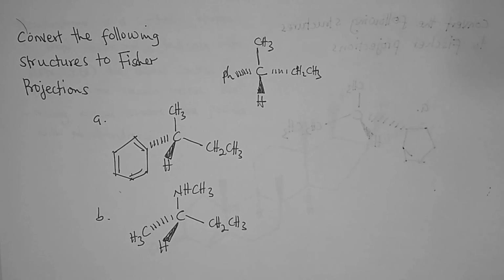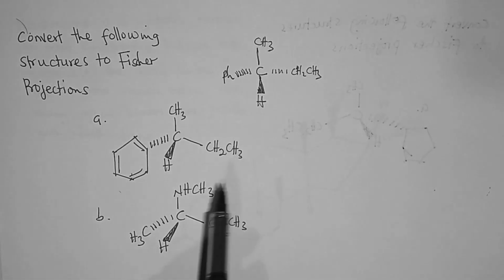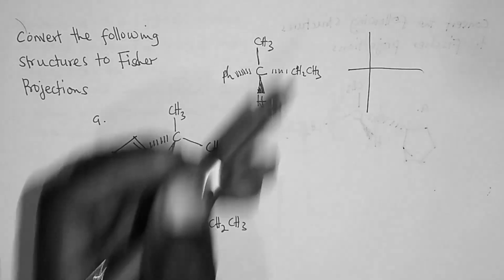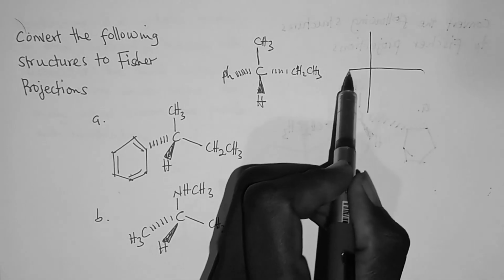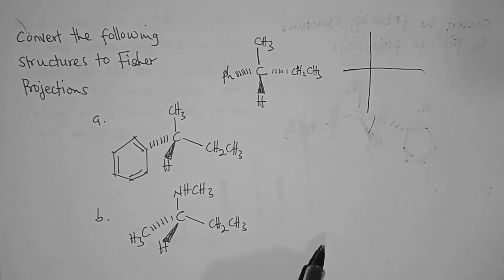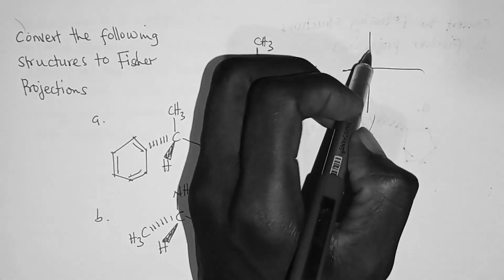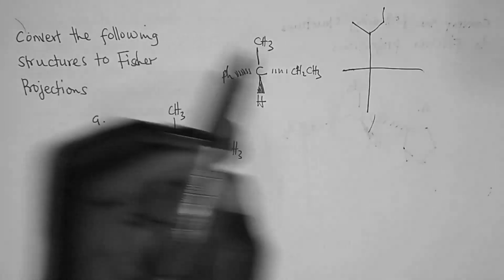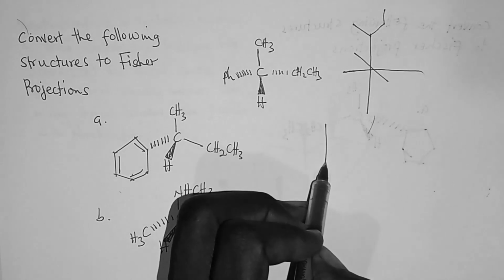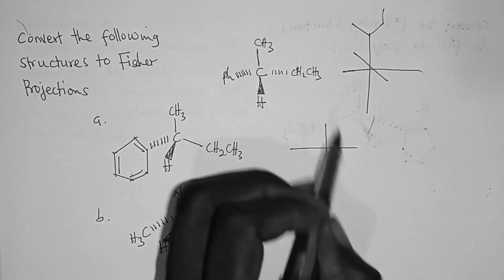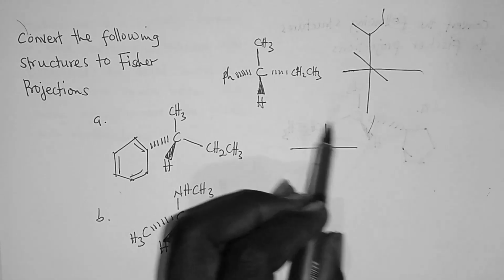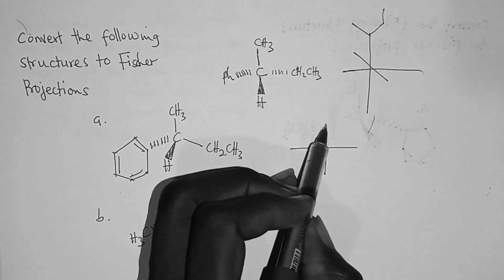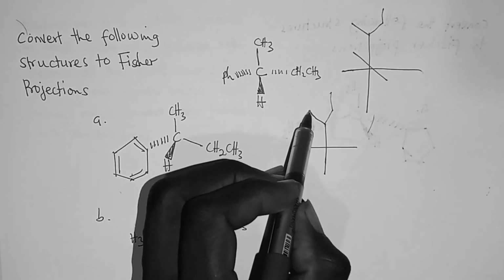So what we need to do is to draw the Fischer projection. In terms of the Fischer projection, you know that the groups on the vertical line are those pointing away from us. And therefore, the phenyl group will be on the vertical line over here.